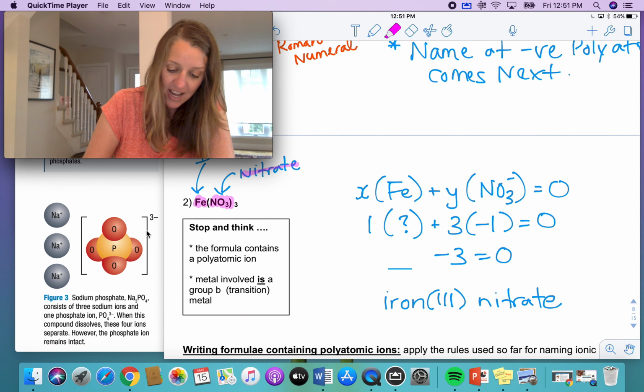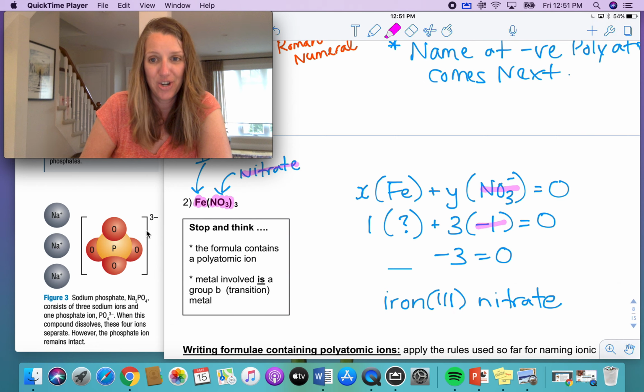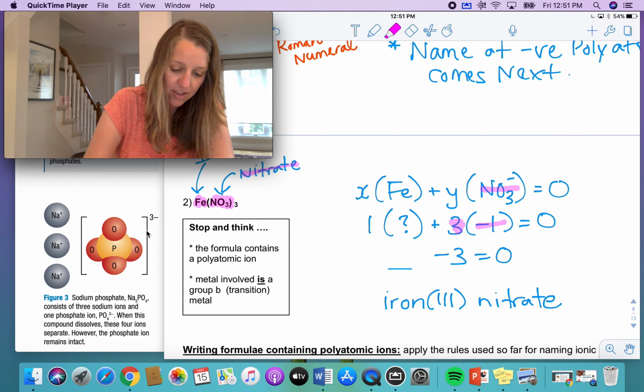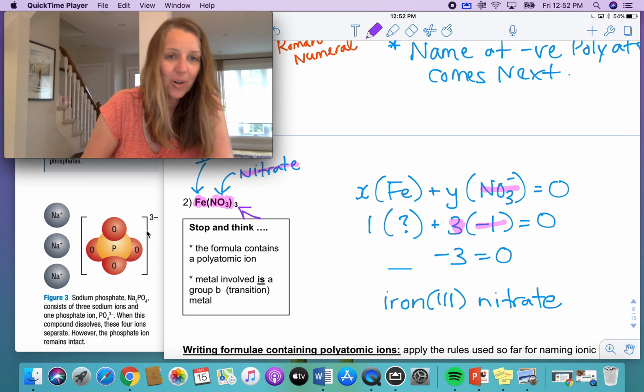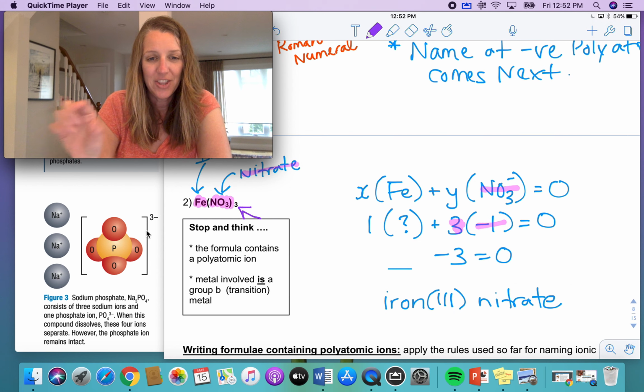In this case, I just simply look it up that I know that the nitrate has a 1- charge. I know that there are 3 nitrates. Where did that 3 come from? Right in there in the formula. Because for this question, we're given the formula trying to figure out the name. There are 3 nitrates and 1 iron in this question. But I need to know what the charge of the iron is.